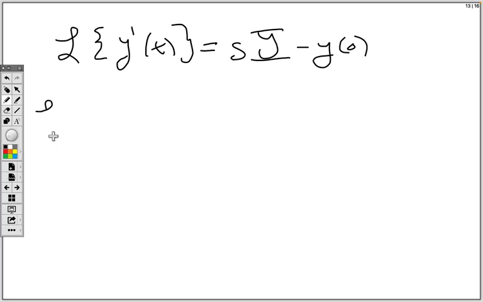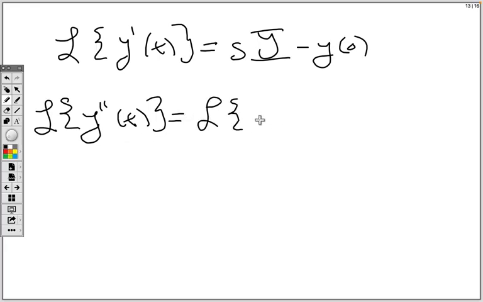How would I handle a second derivative? Well, you got to remember that the second derivative is just the derivative of the what? First derivative.